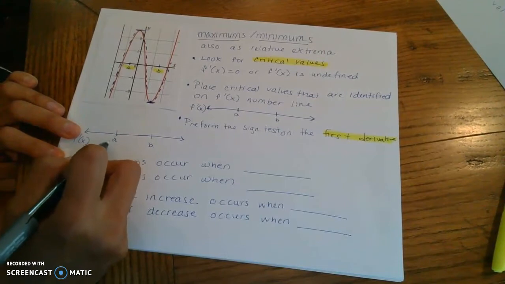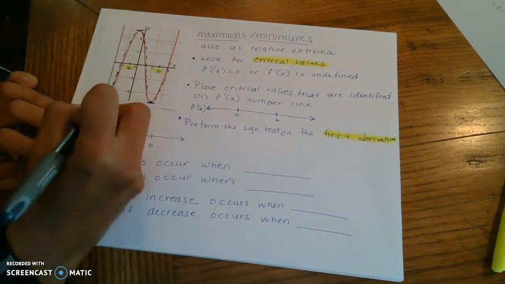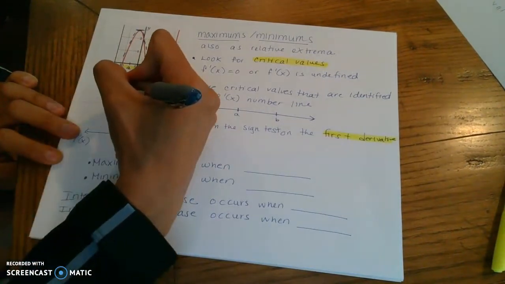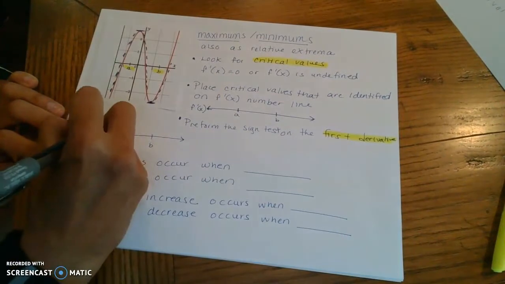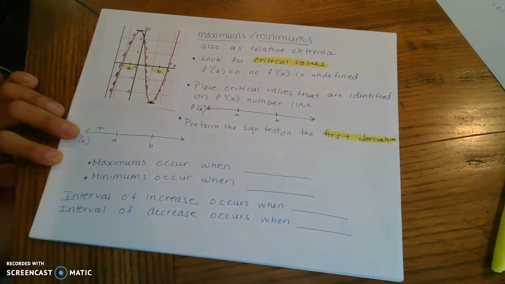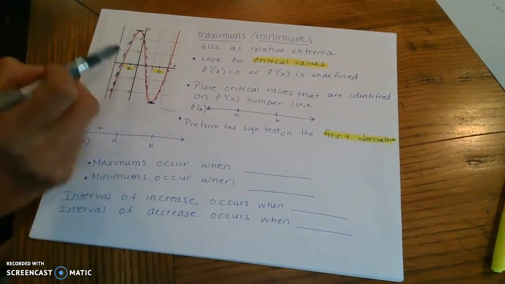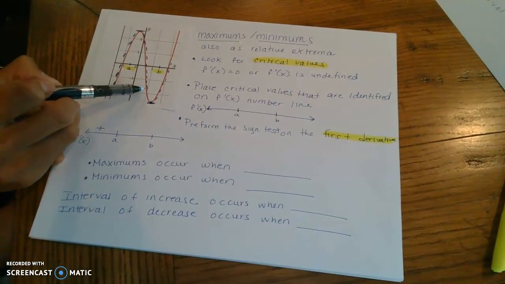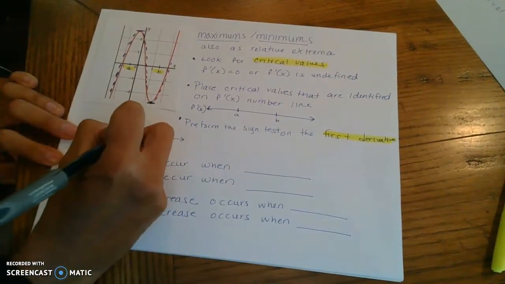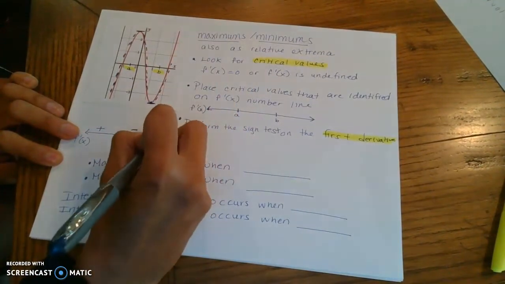You don't test the value A, because those critical values will always be 0. But to the left of A, what was the value of that slope? Was it positive or negative? In this case, to the left of A, it was positive. I had positive tangent slopes. To the right of A, those tangent lines have a negative value slope. And to the right of B, it's back to positive.